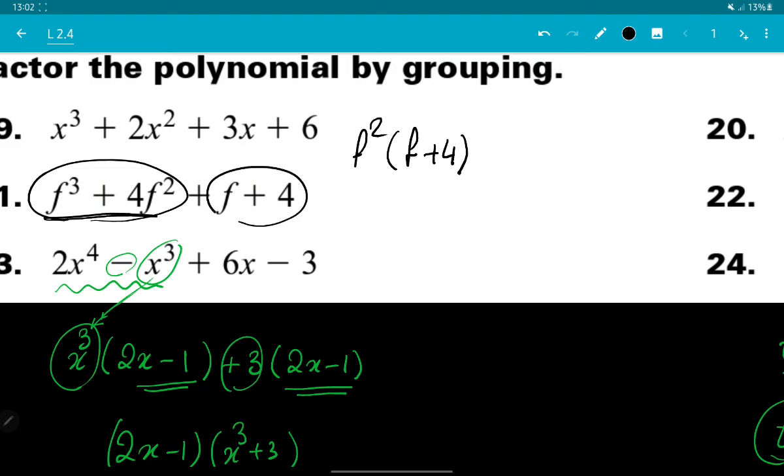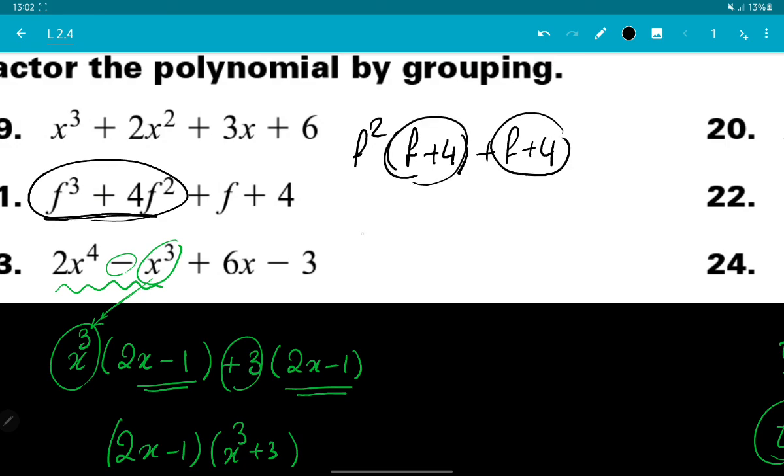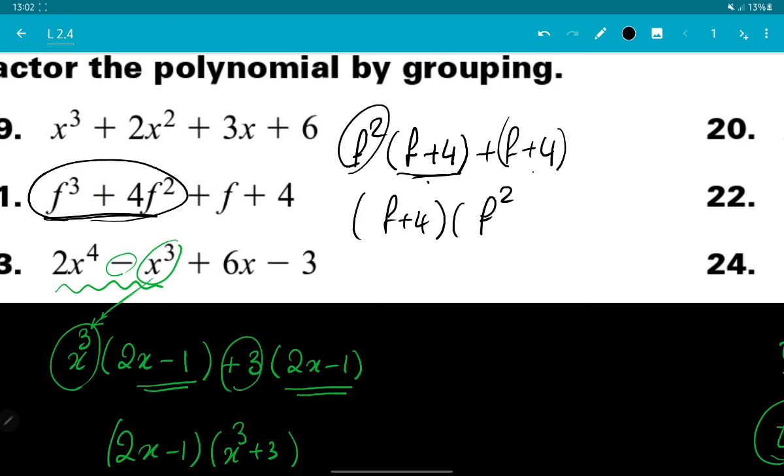Now, about this one, you will see that this is f plus 4, and you can see that it's the same as the common factor. Now you can consider this the same as this one. Now you can take f plus 4 as a common factor and write f squared from this, and when you take all of this as a common factor, you will leave 1 here. That's it.